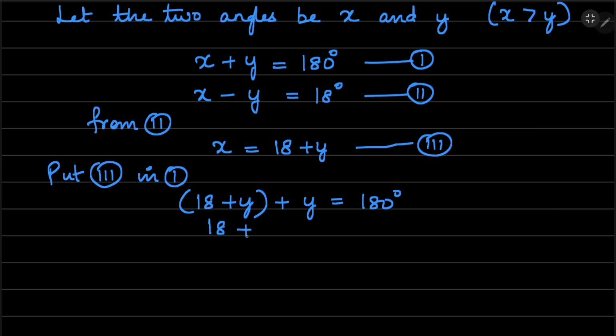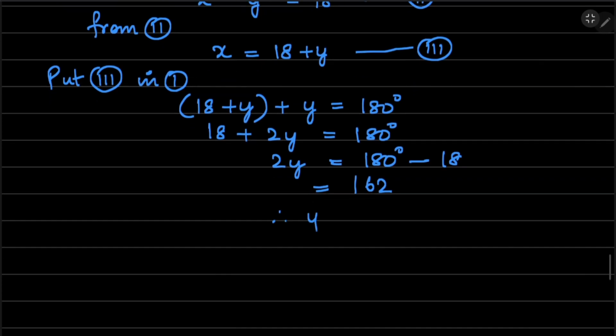So 18 plus 2y equal to 180. 2y equal to 180 minus 18, which is 162. So therefore y will be equal to 162 divided by 2. So y is equal to 81.